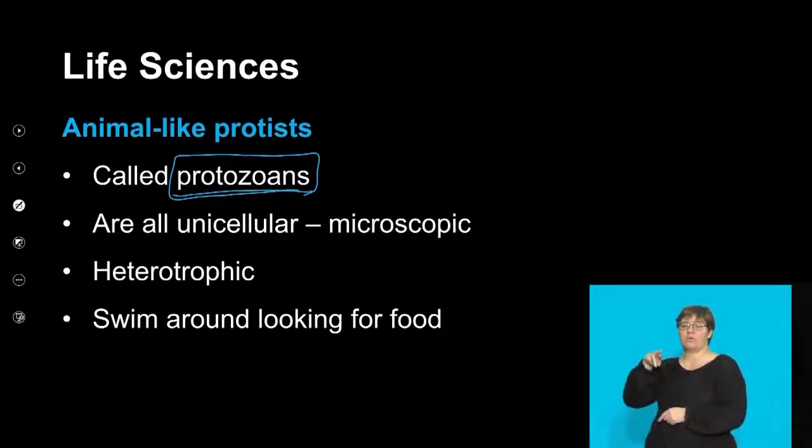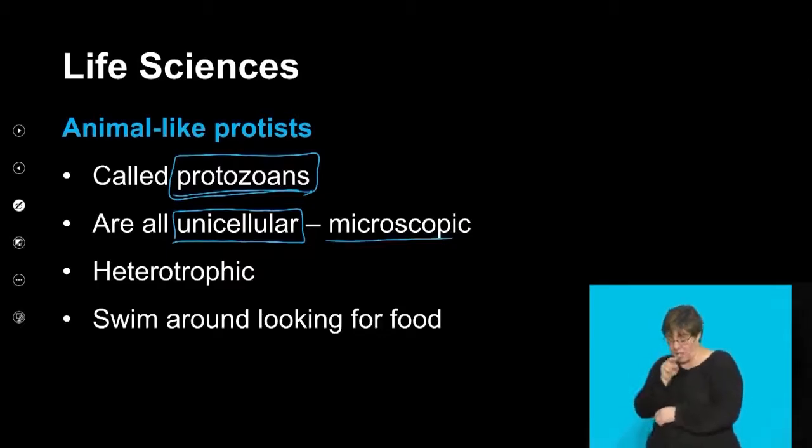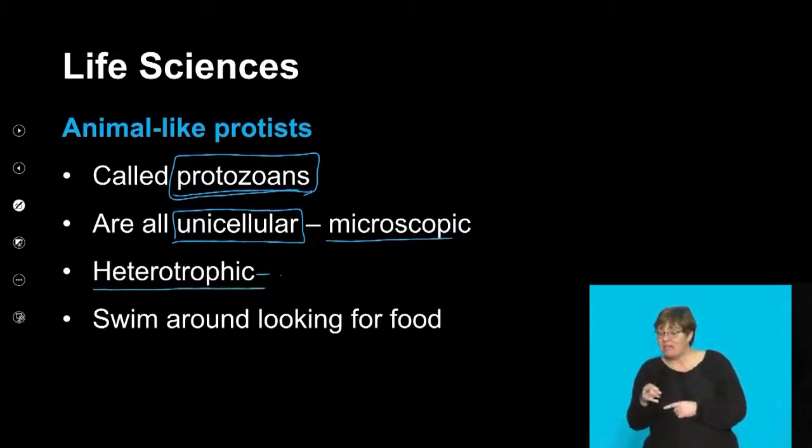Now, guys, this is where they are very different to plants. They are only unicellular, right? They are not multicellular at all. They are microscopic. We cannot see them. They're little animal-like things, and when they're animals, they cannot make their own food, and they need to eat.